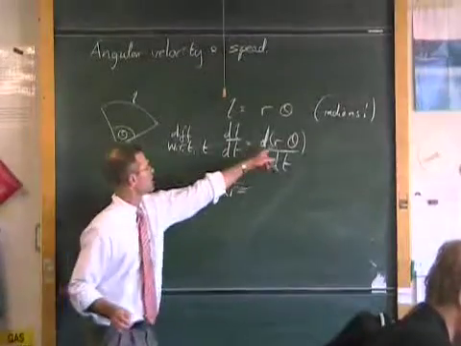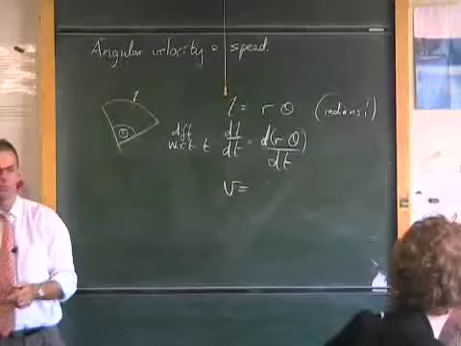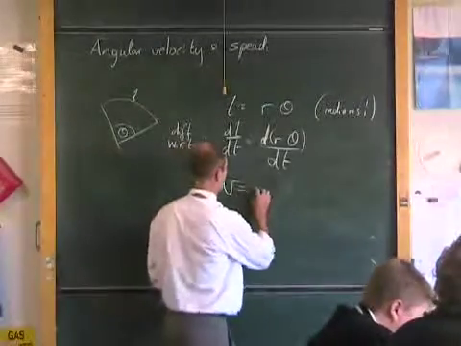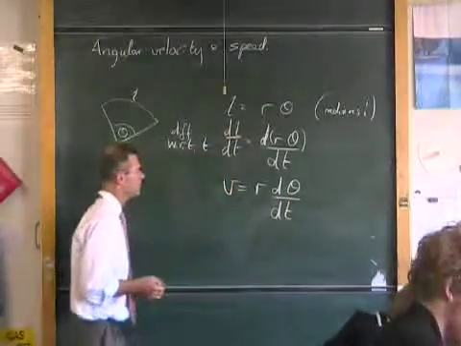And because r is a constant, the radius of something moving in a circle doesn't change, otherwise it's not moving in a circle, then we've got r times d theta by dt.